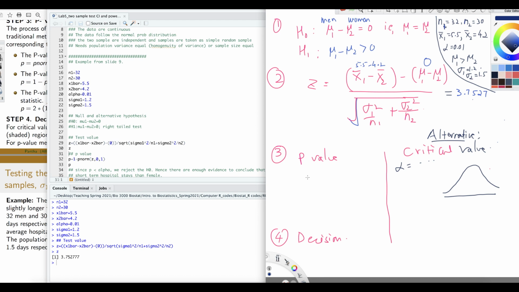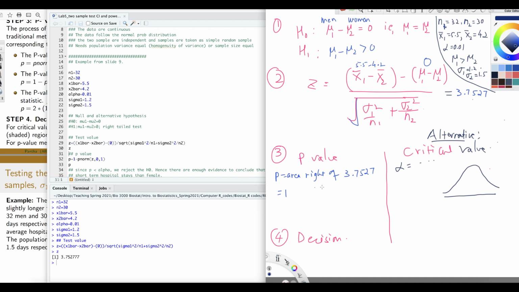Okay. Now what is the P value? It is a right tail test, right? So the P value will be the area to the right of that value, because it is positive. Right of 3.7527. How do I do that? It is P norm, right? Oh, by the way, since it is right tail, you should do 1 minus P norm.